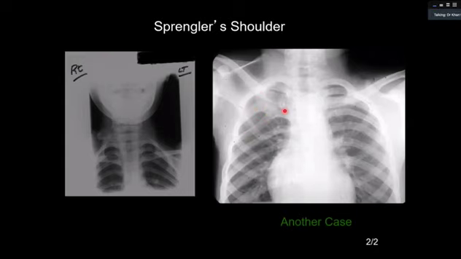Rib abnormalities can be there, and there can be other abnormalities in the cervical spine. They have shown Sprengel shoulder, which is bilateral, on a chest X-ray. Please remember that it's a difficult case because the human eye picks up asymmetry. Bilateral at times becomes a bit difficult to pick up.